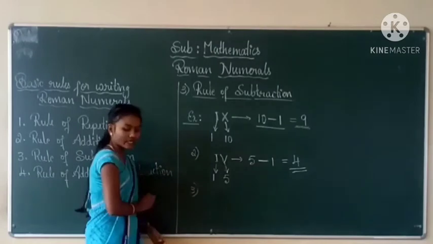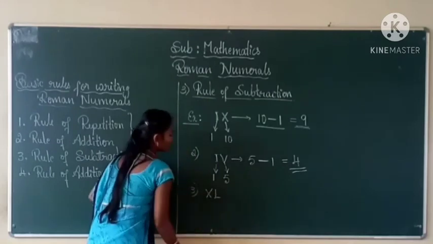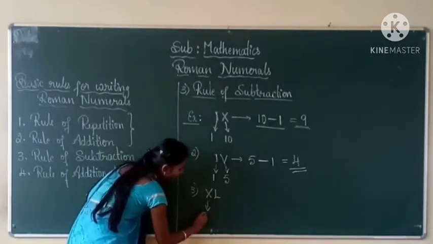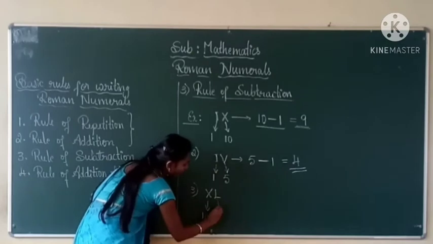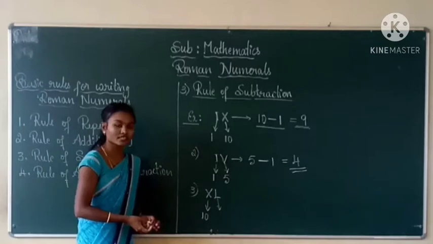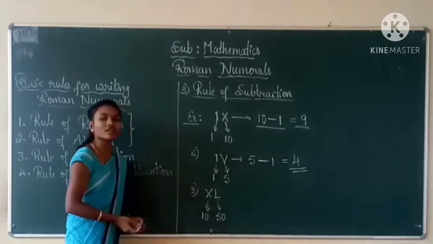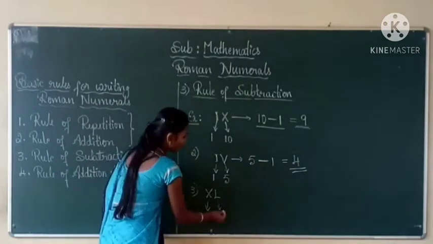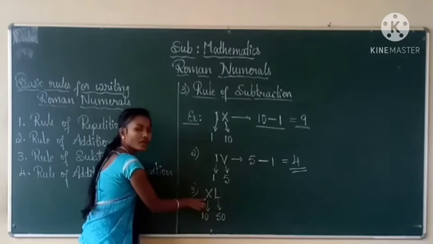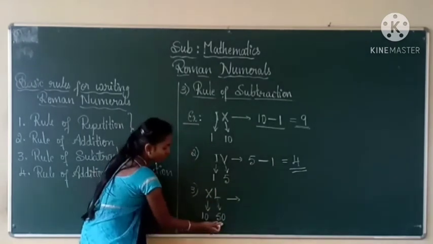Let us take another example. XL. So we know that X stands for 10 and L stands for 50. Now we have to minus X from L. Therefore, the larger numeral is 50.